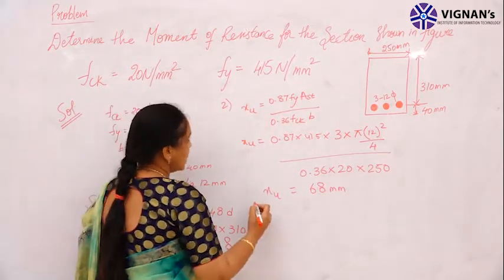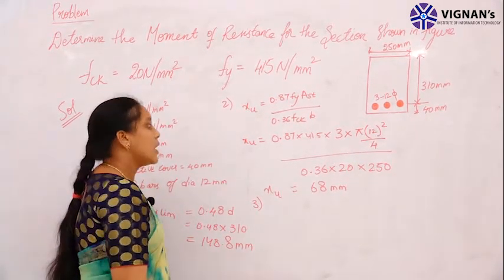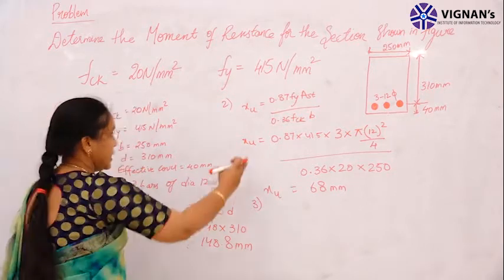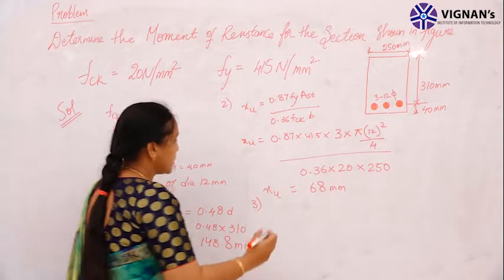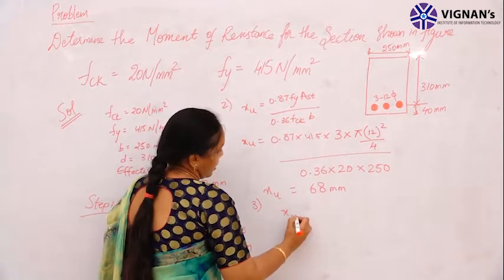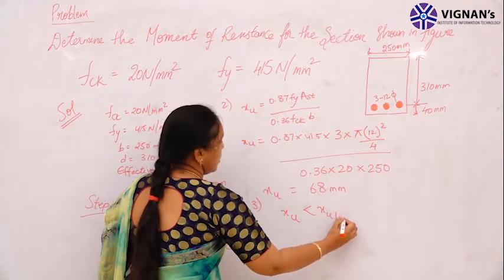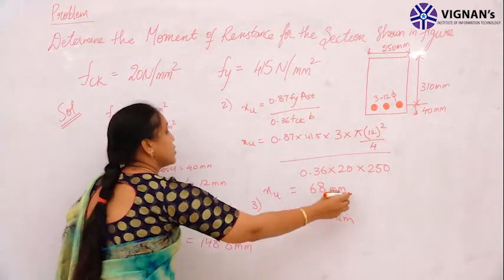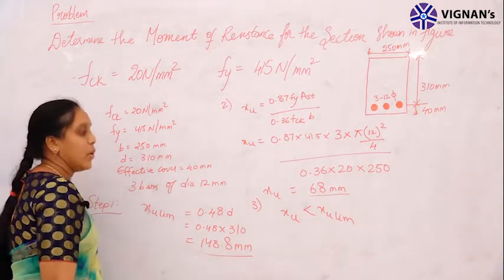Now, let us move on to the third step. So what is the third step? The third step is to compare the value of xu and xu limit. From this what you can observe is that xu is less than xu limit, because the value of xu is 68 mm and the value of xu limit is 148.8 mm.